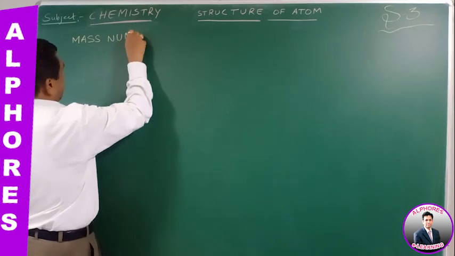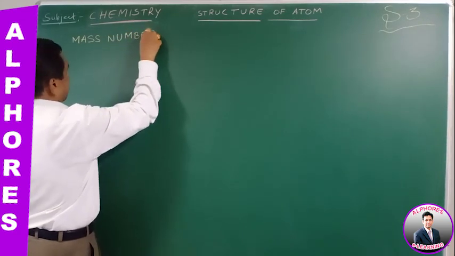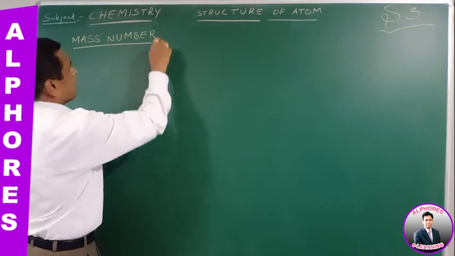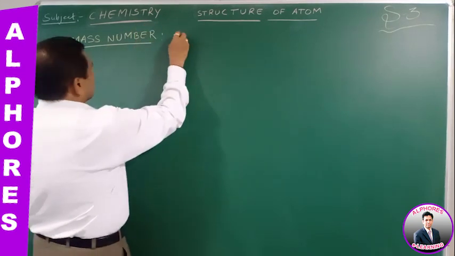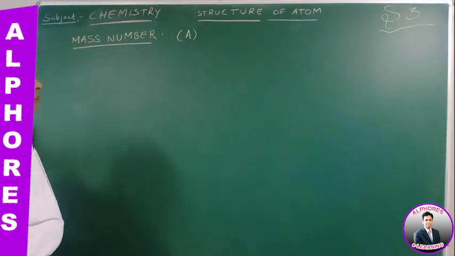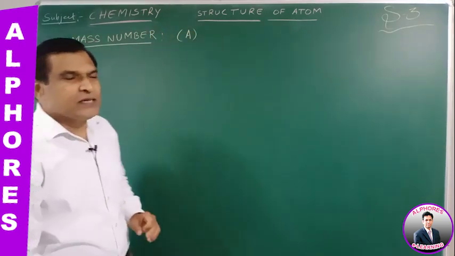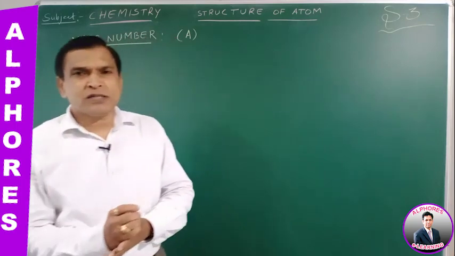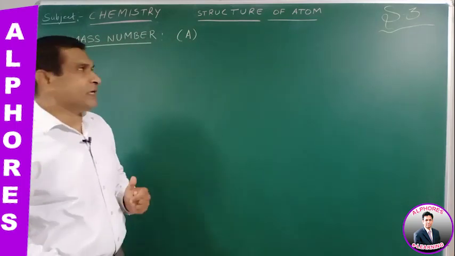Mass number is denoted by capital A. Mass number represents the sum of the protons and neutrons present in the nucleus.